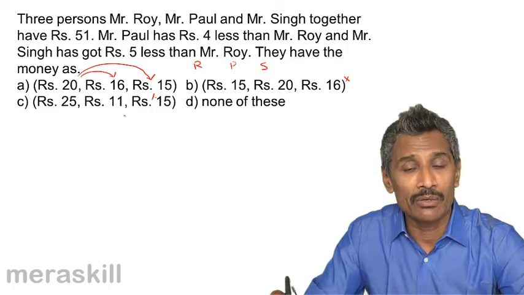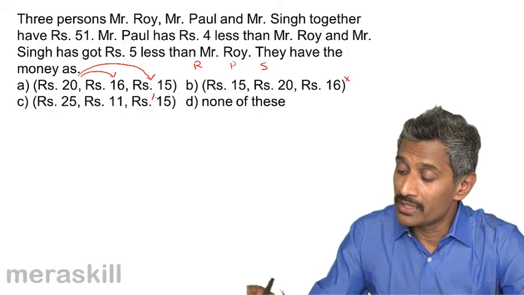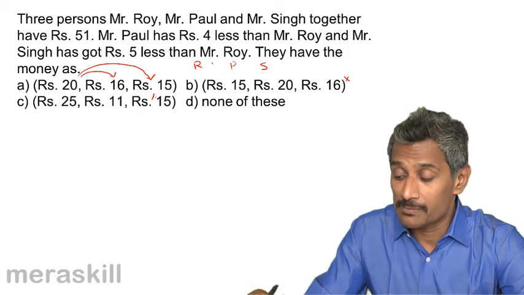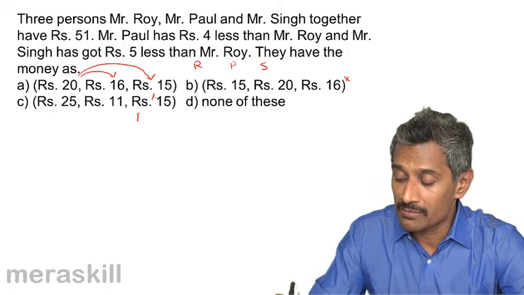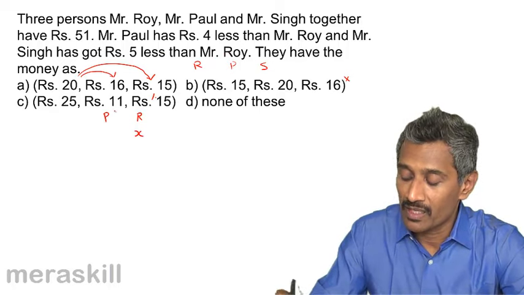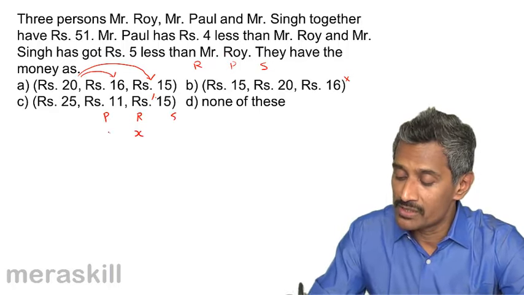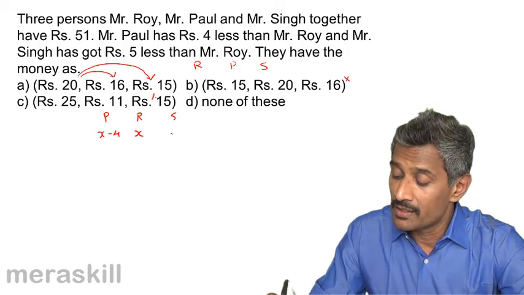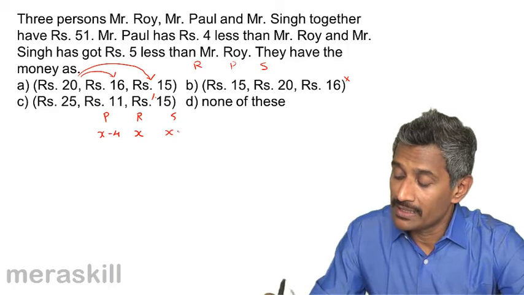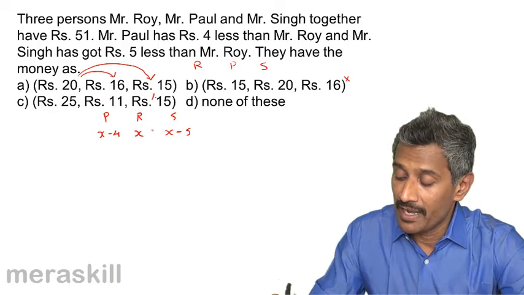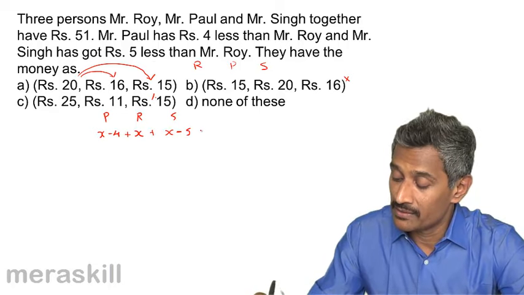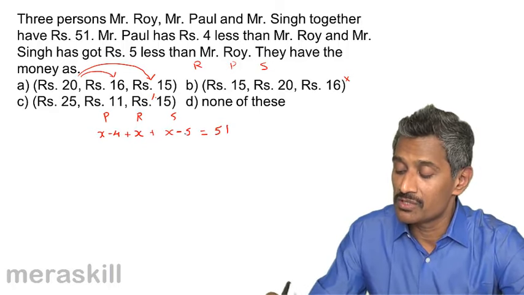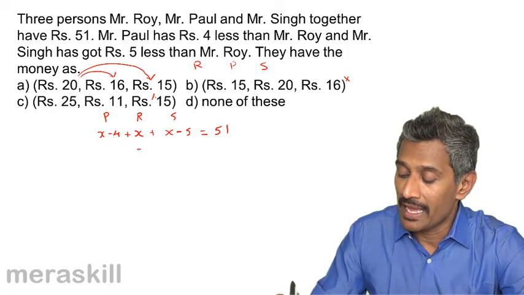However, if you want to form an equation, how would you form the equation? Since Mr. Paul's and Mr. Singh's amount is expressed in terms of Mr. Roy, you can take Mr. Roy's amount as X and Mr. Paul's amount is X minus 4 and Mr. Singh's amount is X minus 5, and all these added together gives you 51, and from this you get the value of X as 20.